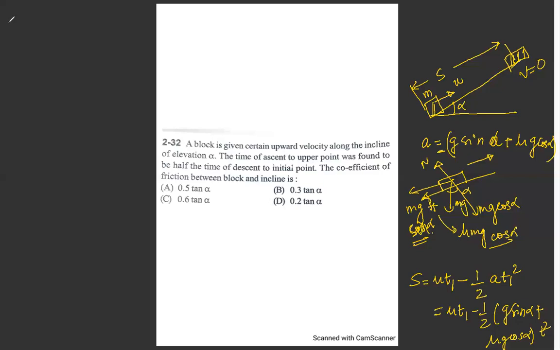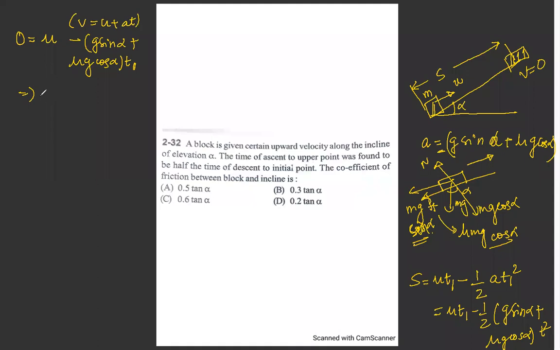Apart from that, another equation we can get for the way up. So from this we can also write down 0 is equal to v equals u minus a t. So it is equal to 0, u minus (g sine alpha plus mu g cos alpha) t1.